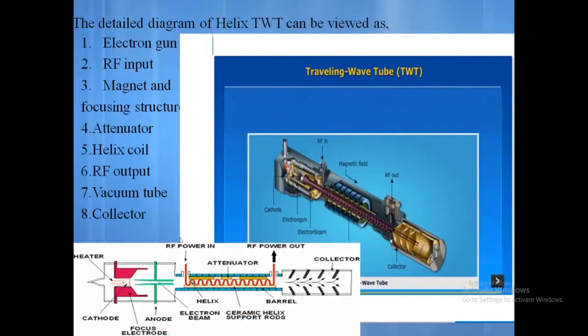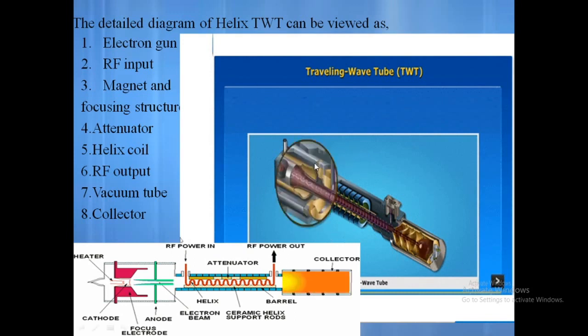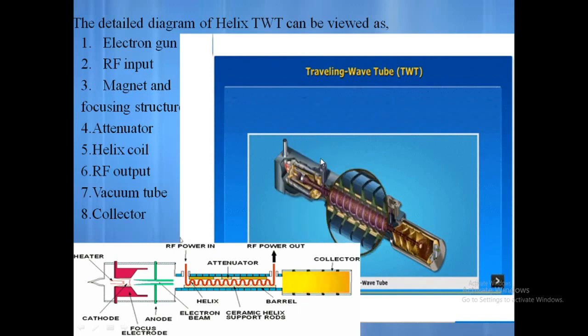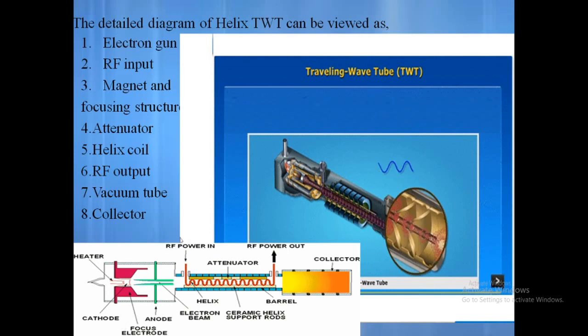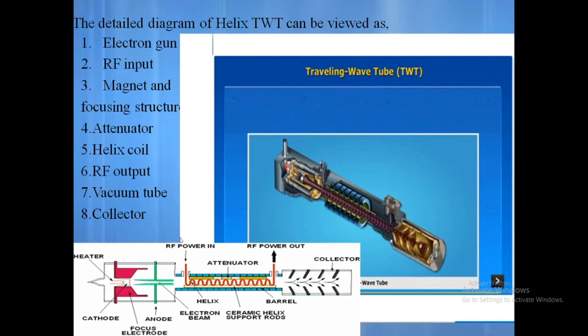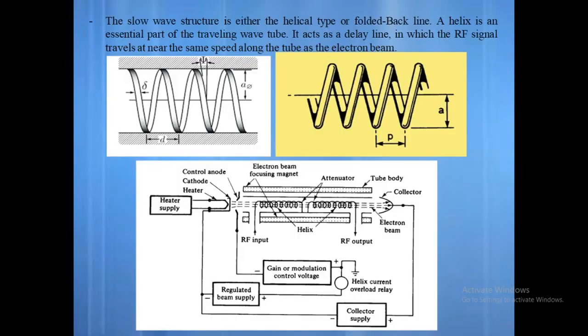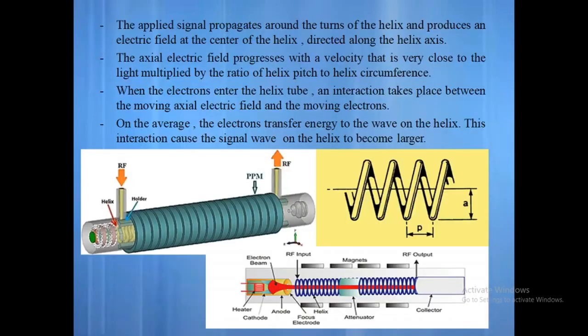We can see there will be an RF input which is applied, the blue line indicates the RF input. Whenever it is applied, it consists of a positive and negative cycle. So what happens during the positive cycle, and what happens during the negative cycle? It is described in the slide, so I am going to the slide.